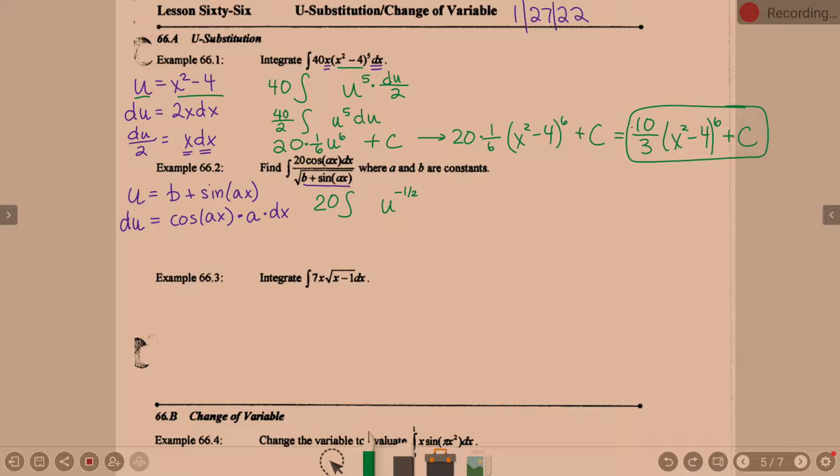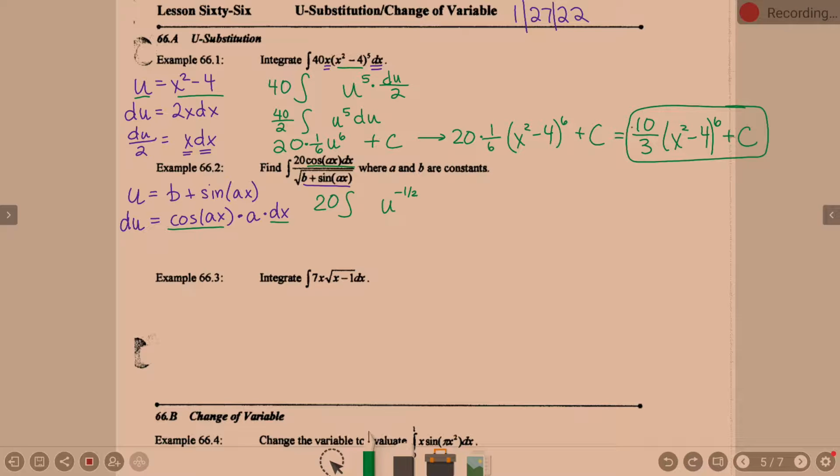And then what is not accounted for yet? What do we have to make sure matches up when we substitute in our du? Cosine ax dx. Okay, cosine ax dx is what I need to replace. So what's equivalent to cosine ax dx? Do you see we have an extra a there?